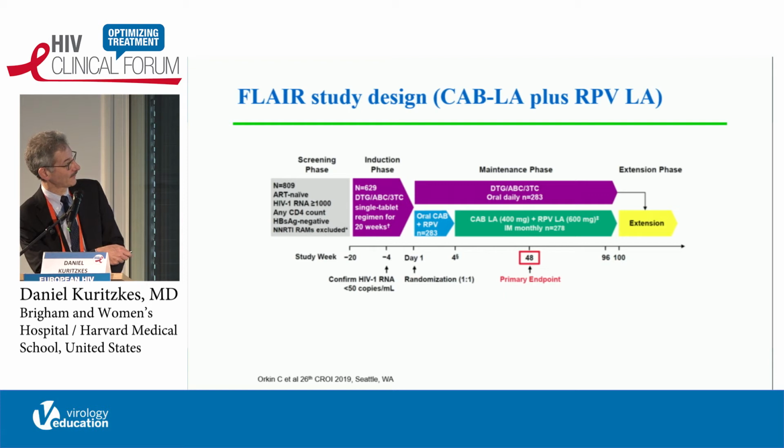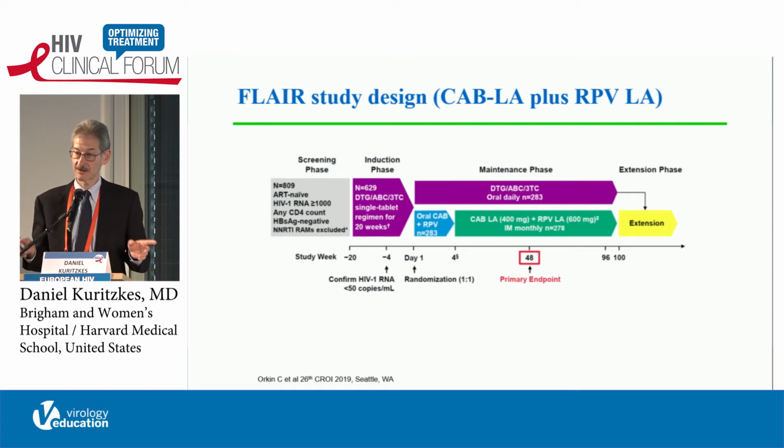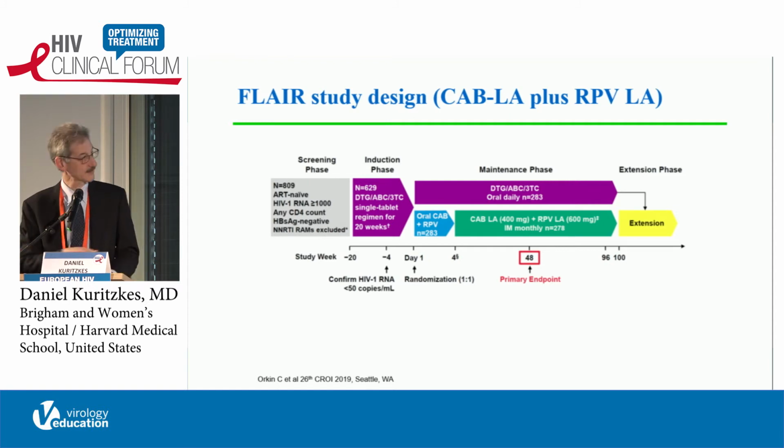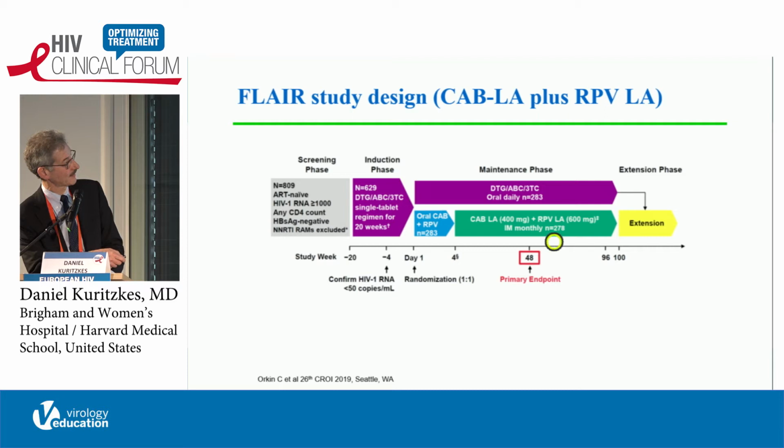And then for the next period, these participants who were randomized to the injectable arm received monthly injections of cabotegravir and rilpivirine. These were 3 ml injections given monthly in the buttocks, and then after 96 weeks, the people in the oral arm could roll over to an extension phase with injection.